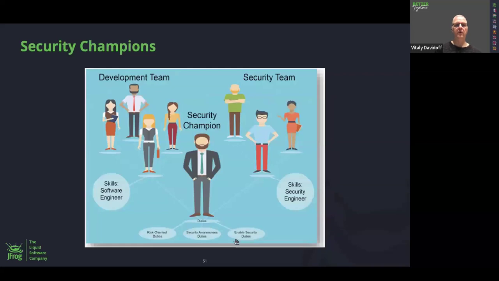Okay, why do we also need security champions here? I know that Josh has talked about champions, but champions are very, very important here. And why? First of all, we have a lot of services in place, and you know that we should run this research at scale.